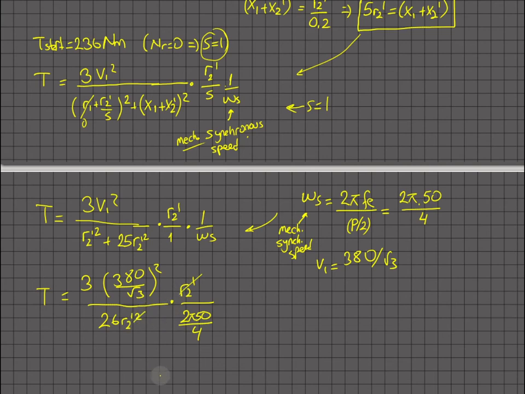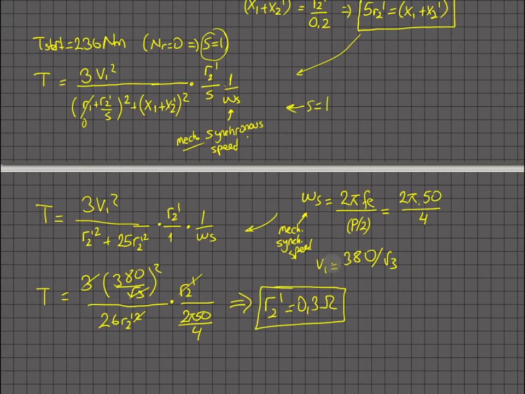That one cancels, so that 3, that one, they cancel each other, and if you do that calculation you can find R2 prime is equal to 0.3 ohms.